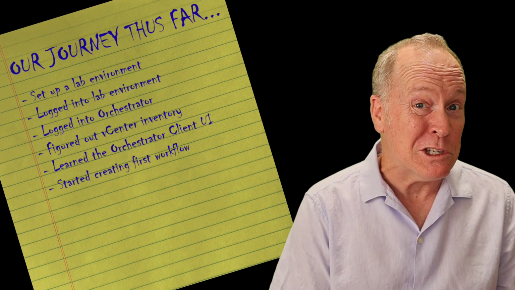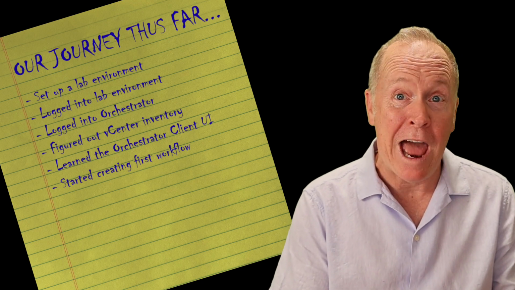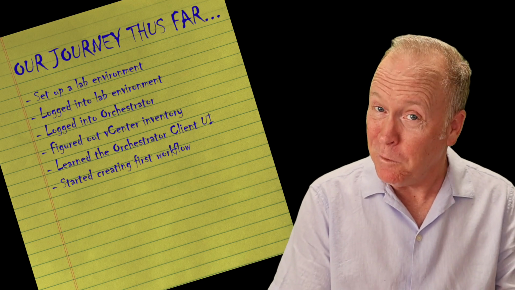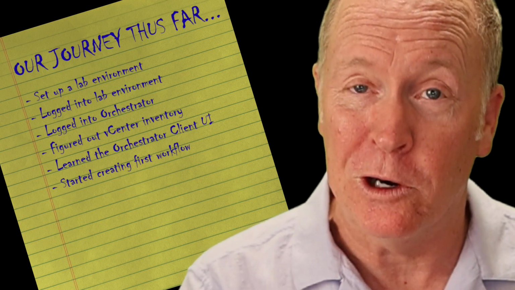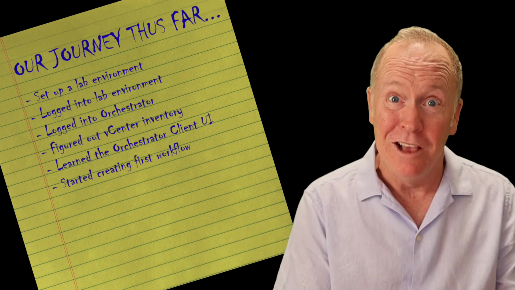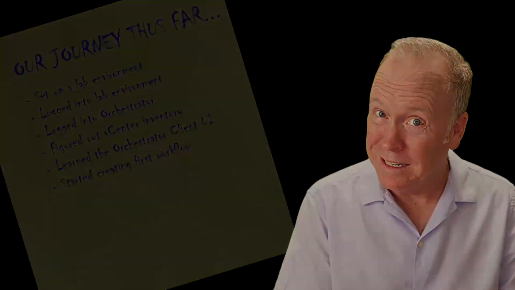All right, we've started developing our first workflow, but we've got to learn how to do binding. Now, let me be really clear about this. You have to learn how to do binding. So please get ready and let's learn about binding.